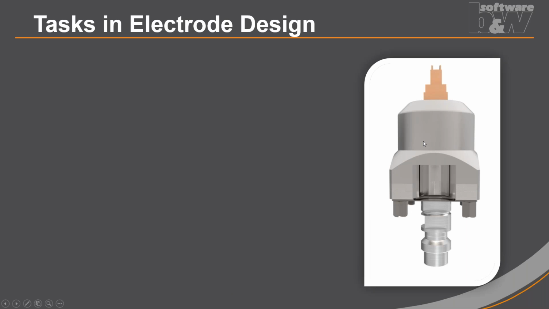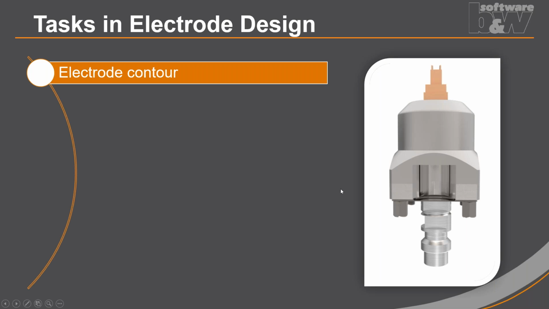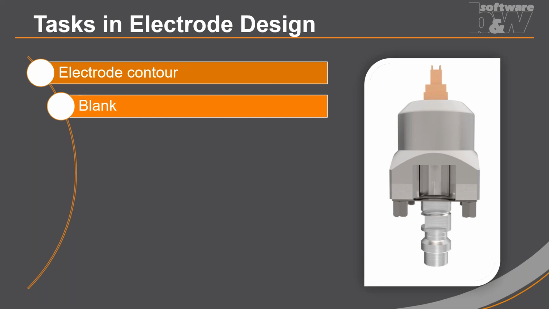Let's come to the tasks during electrode design. There are many different things to do. At first, of course, we need to extract the electrode contour. We need to add a blank from library with a fitting size.